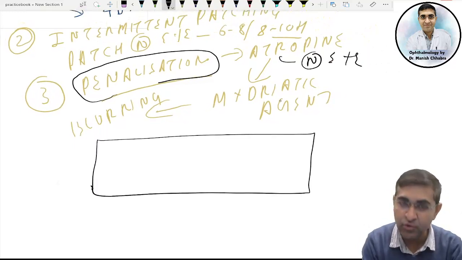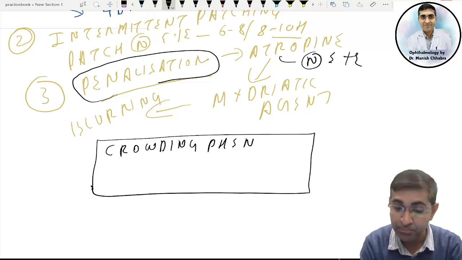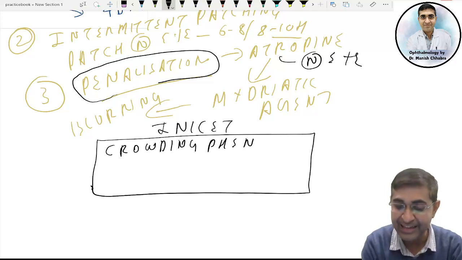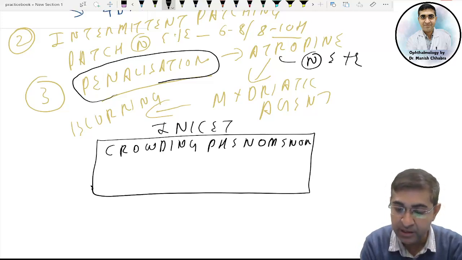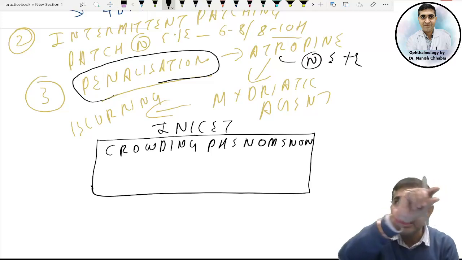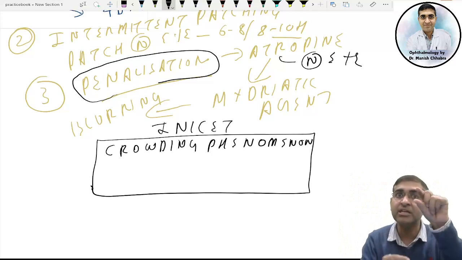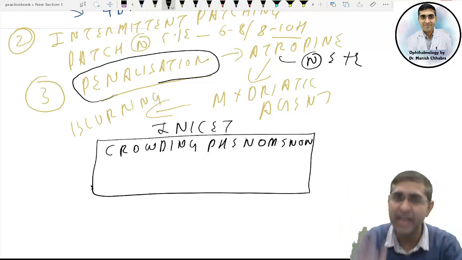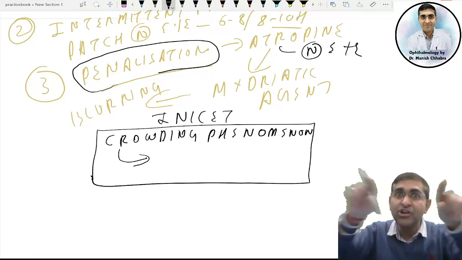Now I want to give you one extra point. Have you ever heard of something known as the crowding phenomenon? This is an extra point, more important for your INI-CET, so you have to write it in the box. This phenomenon is when you ask the patient to read the letters in a line on Snellen's chart, because the letters are placed like M, X, O side by side, the patient will not be able to read them because the letters are arranged in continuity.